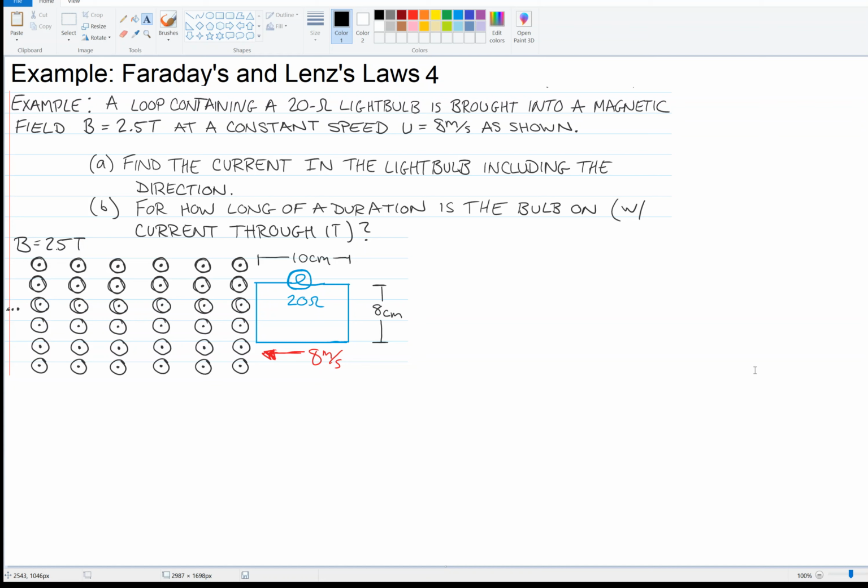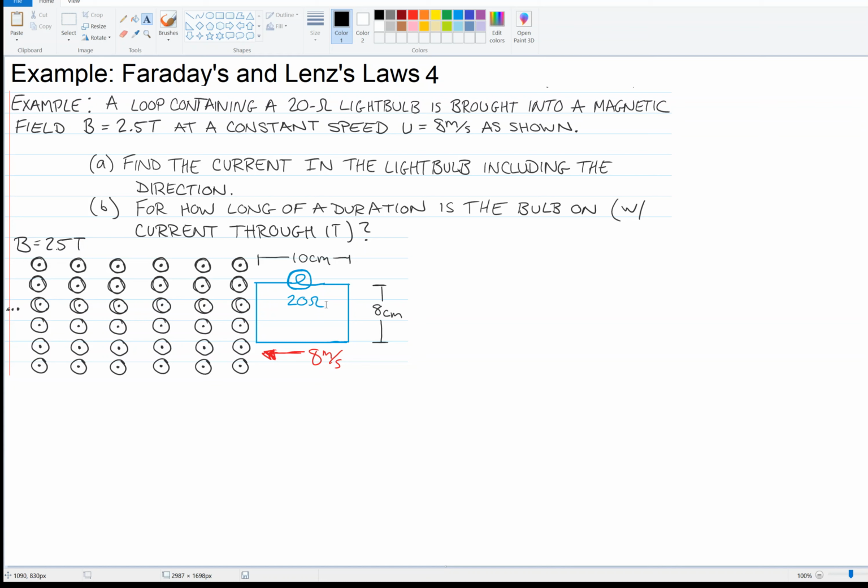Okay, that's pretty neat. And then we ask, for how long of a duration is the light bulb on? Meaning, how long does it have current through it? Because the idea is that eventually the loop is going to be in the magnetic field. And see these ellipses over here to the left? That means the three dots. That just means the magnetic field goes on forever.